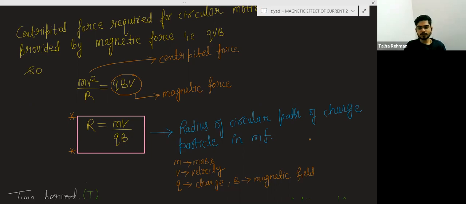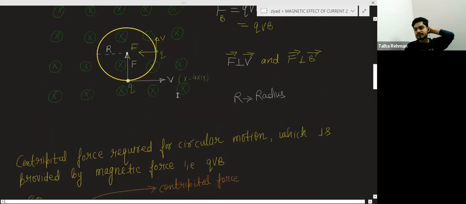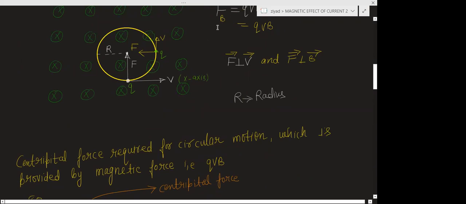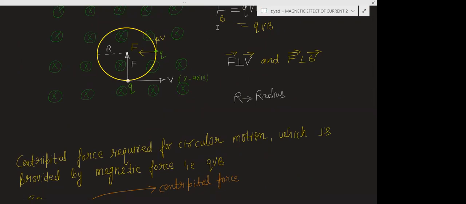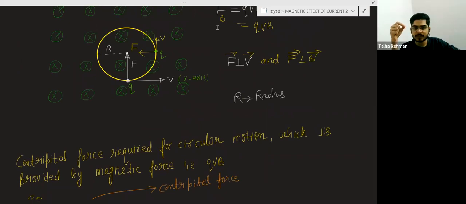Now you will see that this charged particle is moving in a circular path. Whenever a body is moving in a circular path, there is some time taken to complete the full circle.